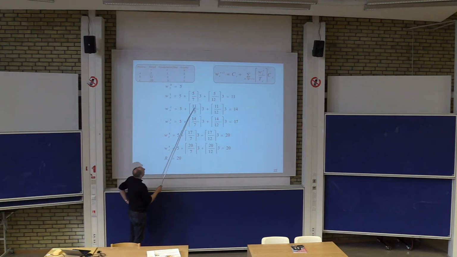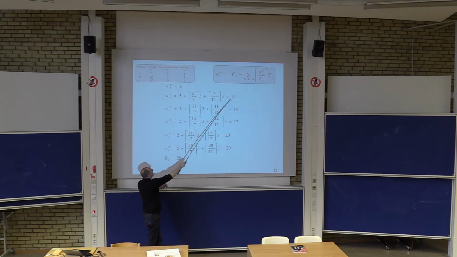So we plug in 11, where we had 5 up here. The problem now is that suddenly something happened: if the response time will be 11 time units, then we might actually be preempted twice by task A. And it's still 1 time by task B, but now the response time is 14.